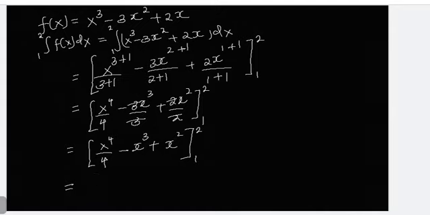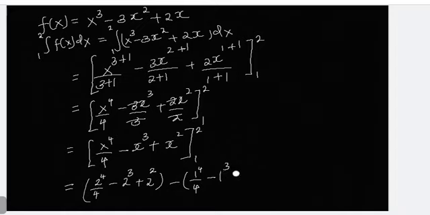So that is 2 to the power of 4 over 4 minus 2 to the power of 3 plus 2 to the power of 2. And then we subtract the values now for 1 being substituted. We'll have 1 to the power of 4 over 4 minus 1 to the power of 3 plus 1 to the power of 2.